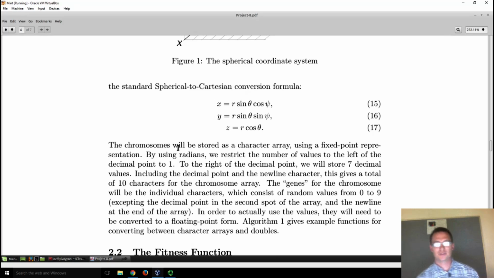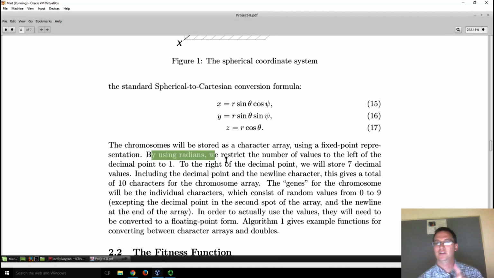Our chromosomes are actually going to be stored as characters, not numbers, because if we store them as characters, then we can actually swap values. We're going to be using a fixed point representation of our numbers. By using radians, we restrict the number of values to the left of the decimal point to 1.